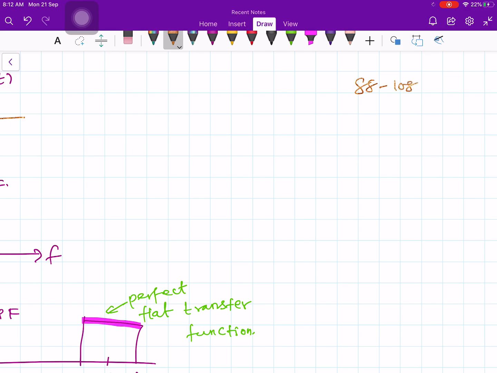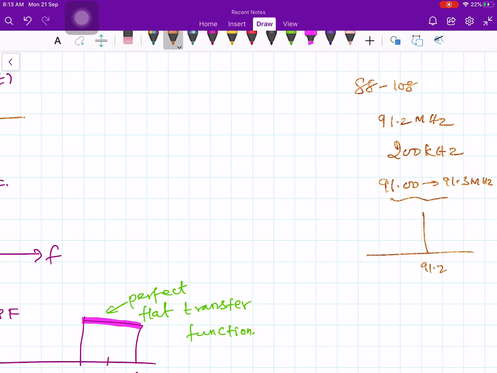Now if you tune to any one frequency, let's say 91.2 megahertz, the bandwidth is 200 kilohertz. That means you will pass from 91 megahertz to 91.3 megahertz. So the center frequency is 91.2, and on this side it is 91.